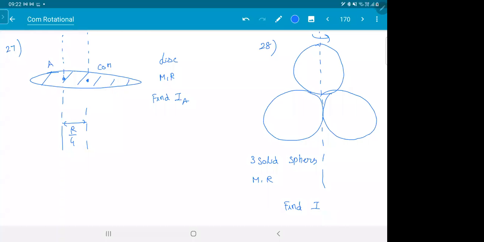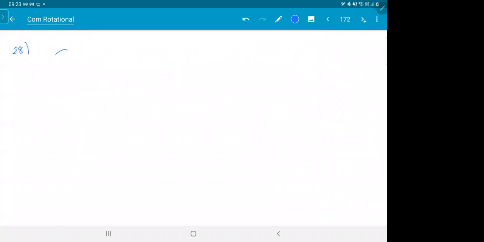What about this guy? Three solid spheres. Like I told you many times, moment of inertia is like a scalar.